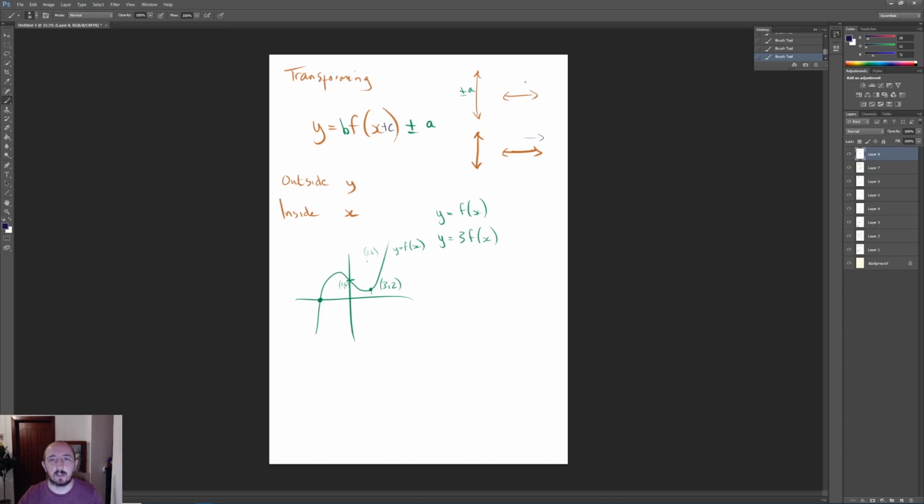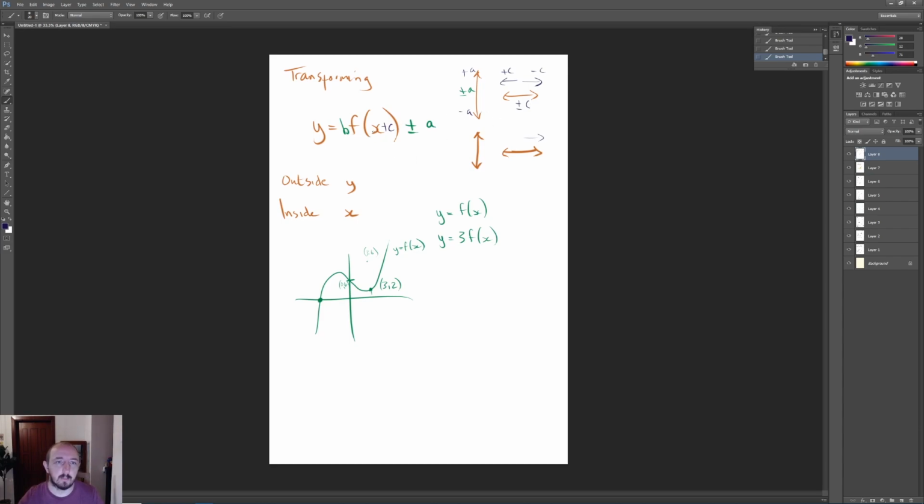Plus c, you think it would go that way, but it's the opposite of what you think. So plus c would go that way, and minus c would shift it that way. Plus a would go upwards, and minus a would go downwards. So this is plus or minus c inside the brackets. So this affects the x, so it's shifting it left and right, but it's the opposite to what you think.